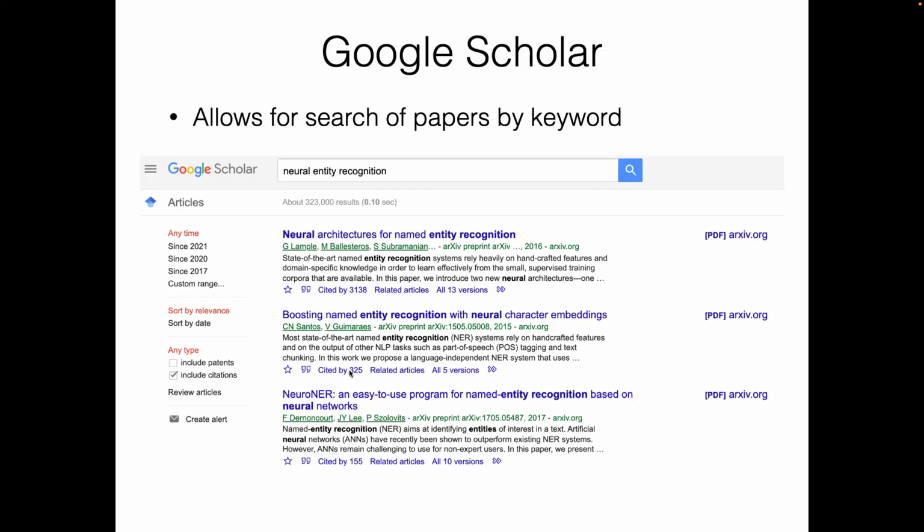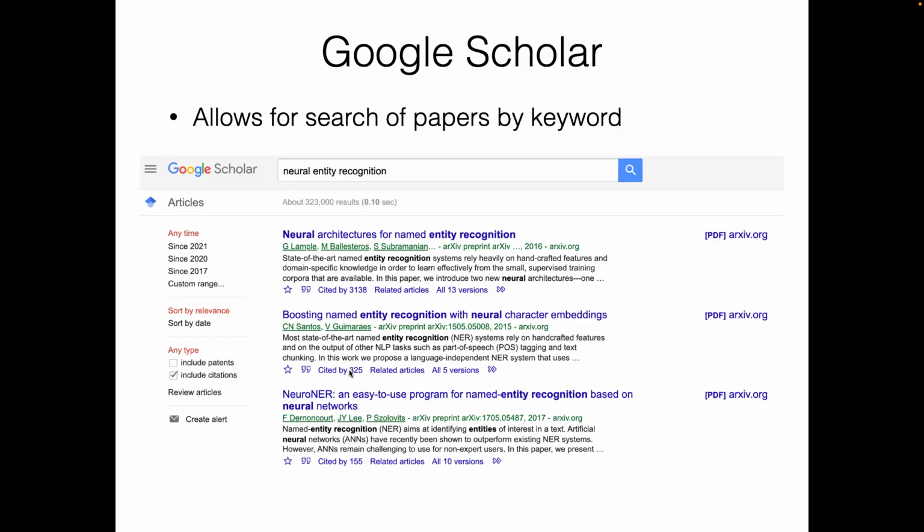Let's say it's an older method, or in this field, a few years old, and you're curious to see whether the method actually got used in more recent methods. Well, then you could look at what cites it, sort by the date, and scan and say, oh, maybe it's actually showing up in this paper here, for instance.